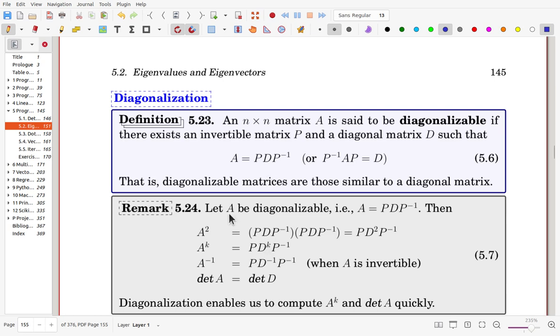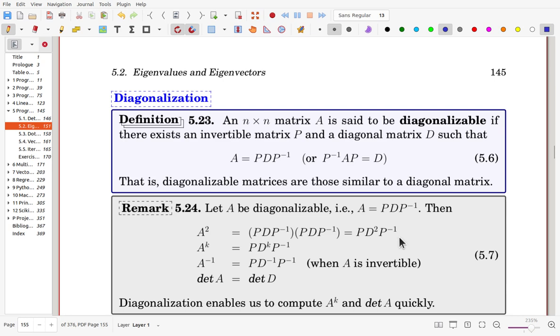Here A is diagonalizable, then A is P D P inverse with a diagonal matrix D. Then A squared, the P inverse P will be cancelled, and we get P D squared P inverse.